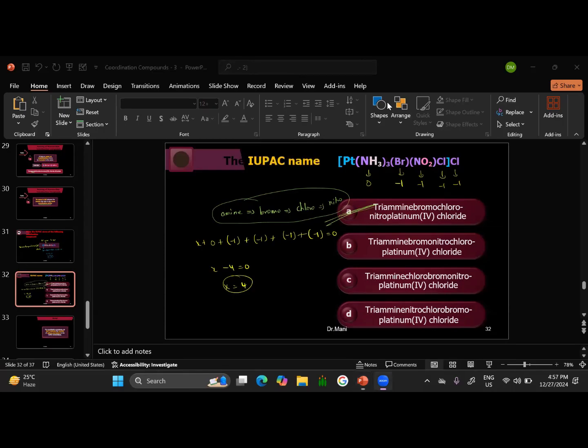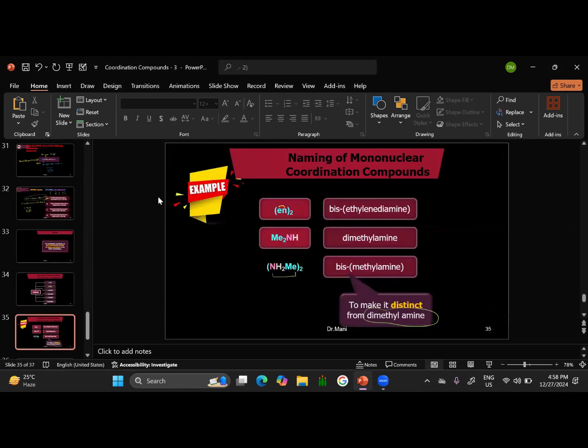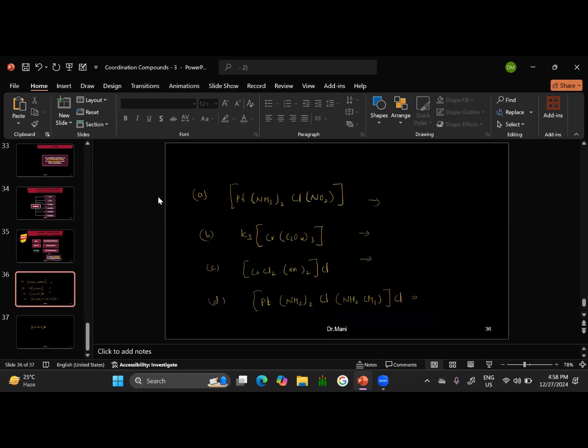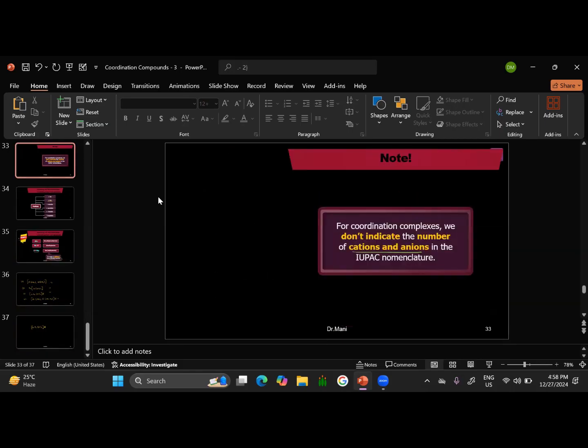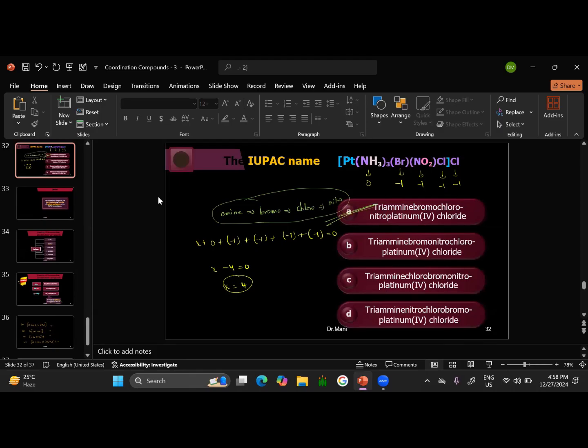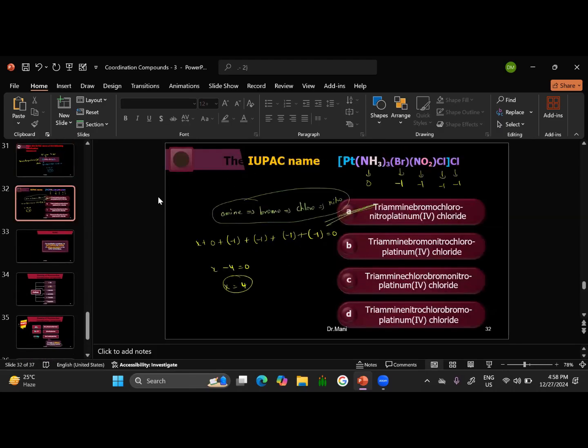Sir, when the anion is given first, how do we name it? When the anion is given first instead of the cation, like the potassium one. No, those will not be coming as the central metal atoms, right?